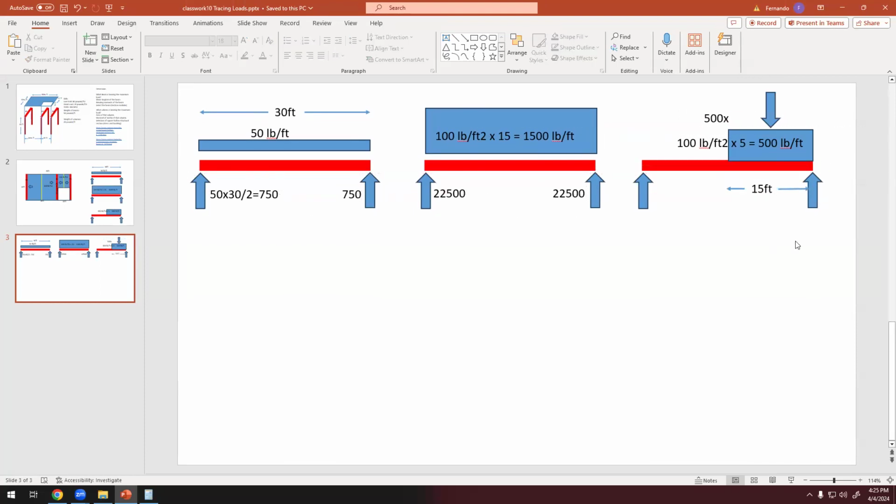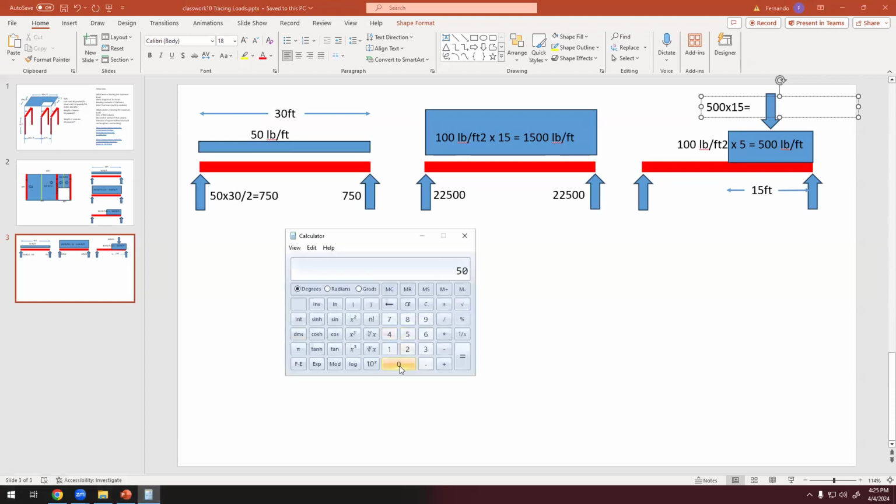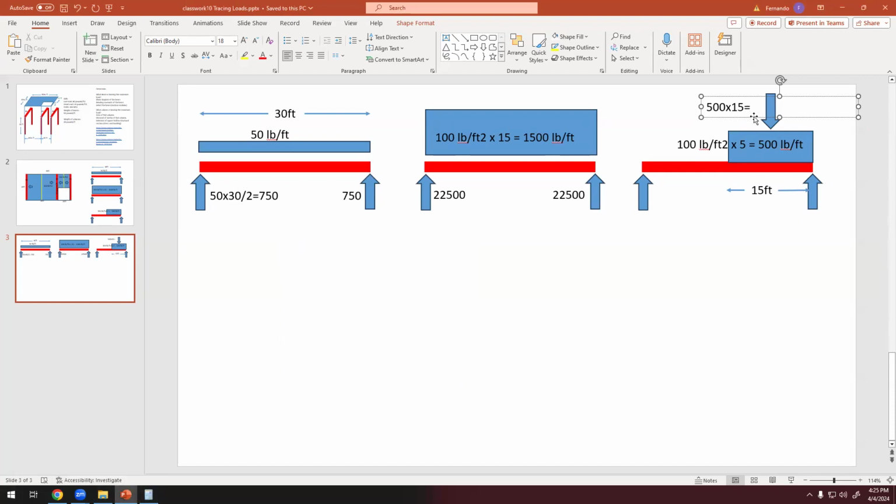Like this. So this distance is 15 feet, and the load is 500 times 15, which is 7,500.